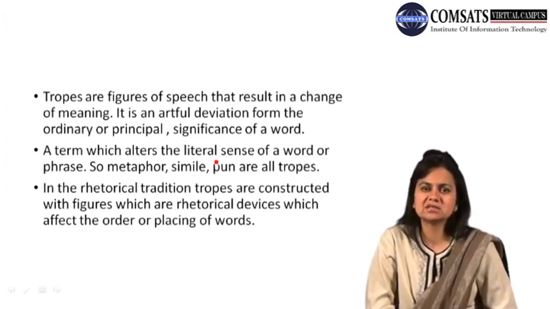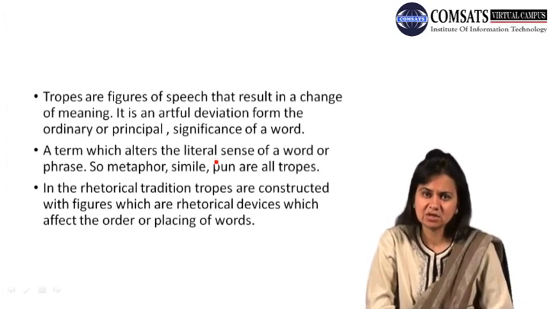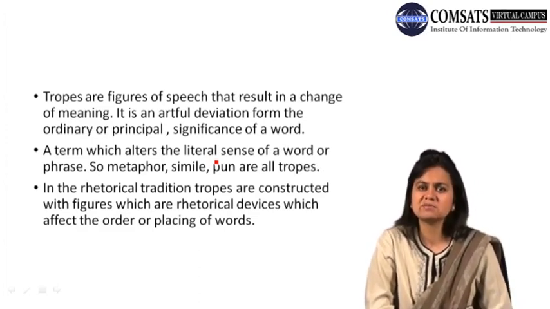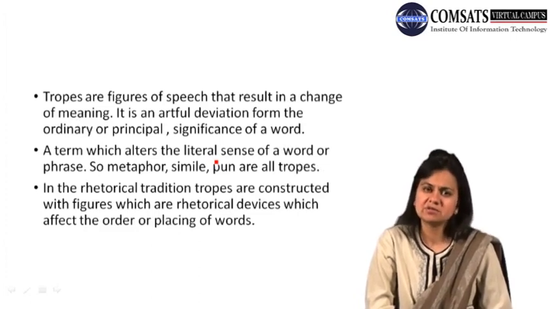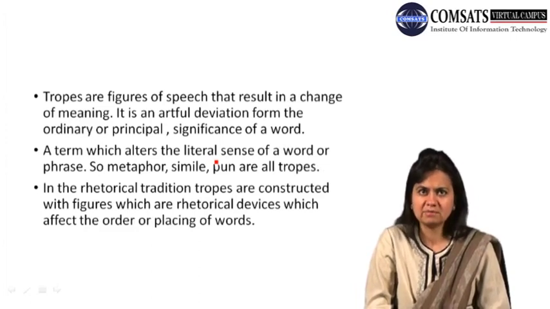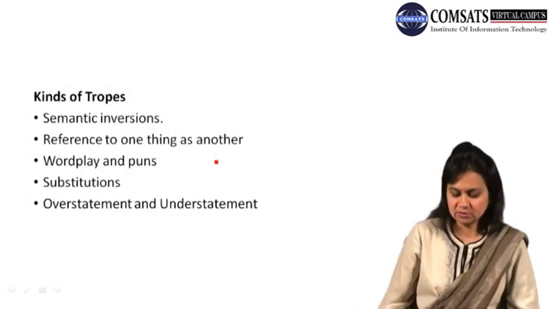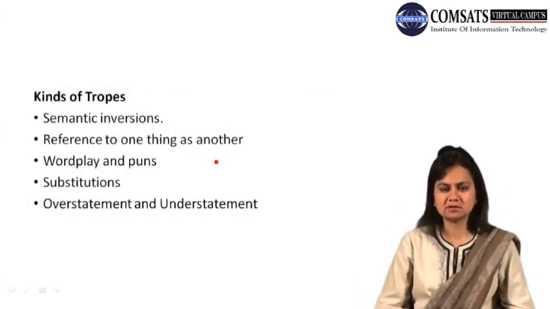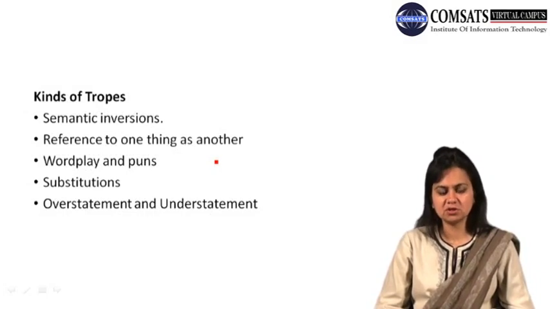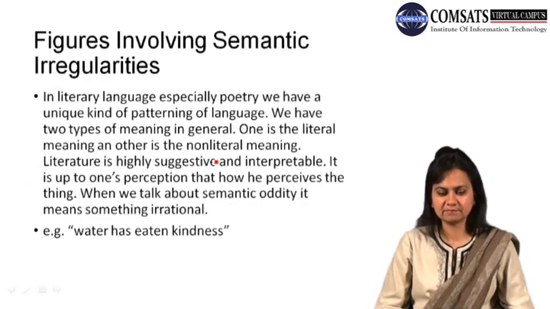So rhetorical devices like puns, overstatement, understatement, oxymoron, antithesis, their placement also matters within a grammatical structure or within a particular writing style. So when such a rhetorical device or a figure of speech is used, it also depends upon the order and placement of a word. Now these are the types ranging from semantic inversions to overstatement and wordplay.